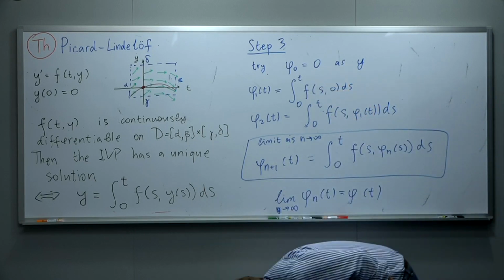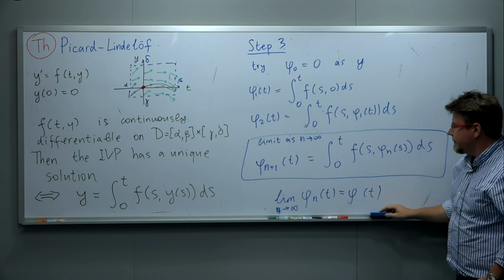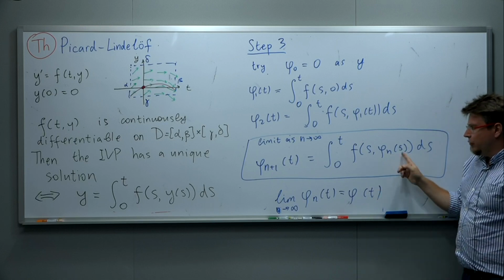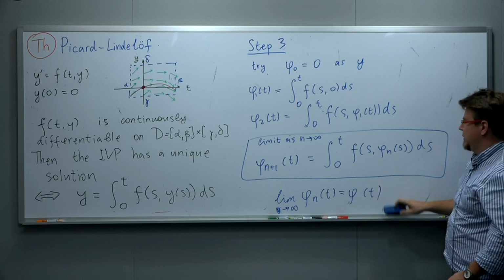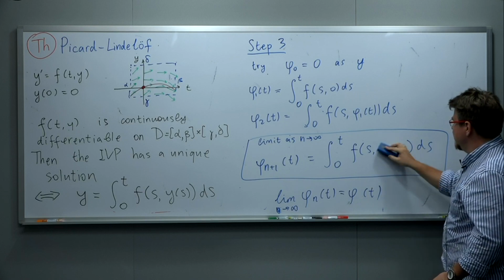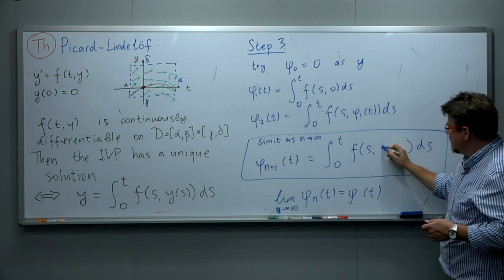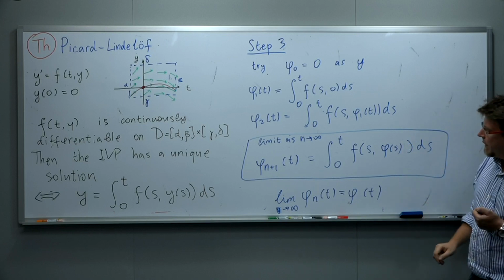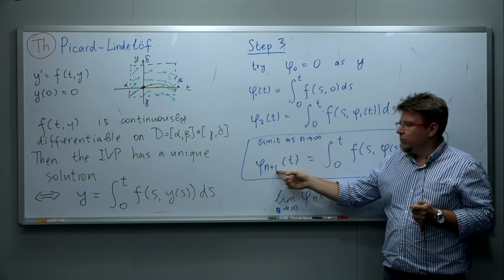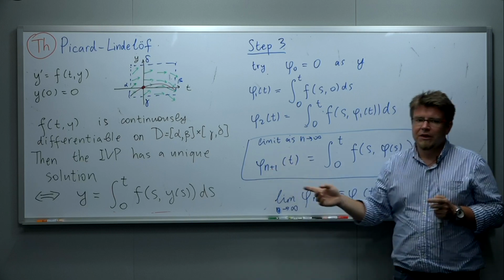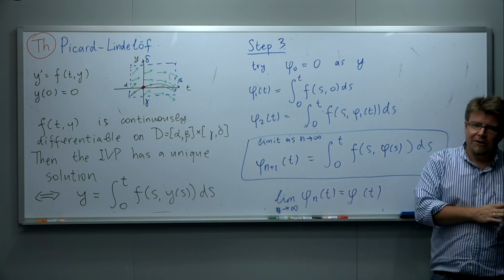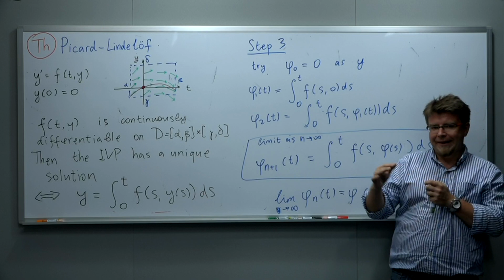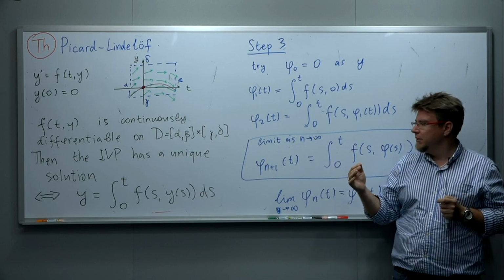Then phi n of s approaches phi of s, so I'm going to just replace it with phi of s. On the left side we have phi n plus 1 of t. But phi n plus 1 of t is the same sequence as the original one, only shifted by one element.